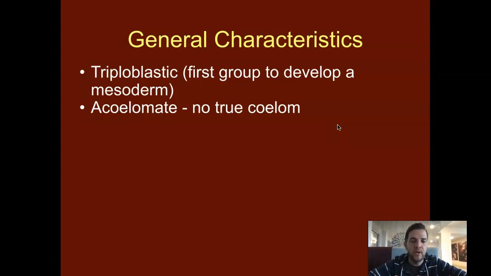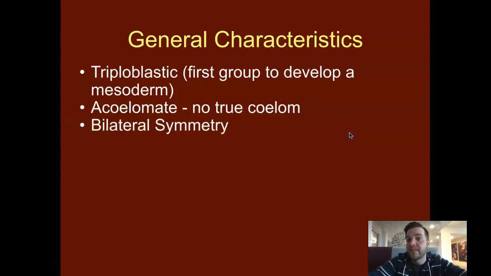A coelom, C-O-E-L-O-M, is basically an internal cavity. If something has a coelom, it may be a true coelom, it may be a false coelom, but a coelom is an internal cavity. These are acoelomates. While they have mesoderm, the mesoderm is going to be solid on the inside, so there's no major internal cavity in there.